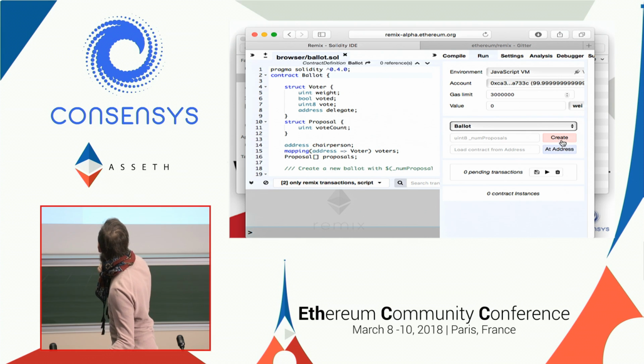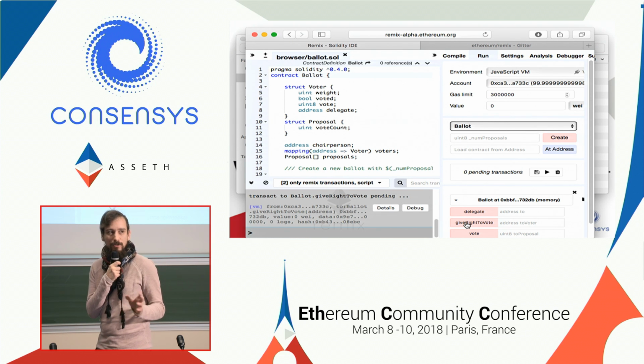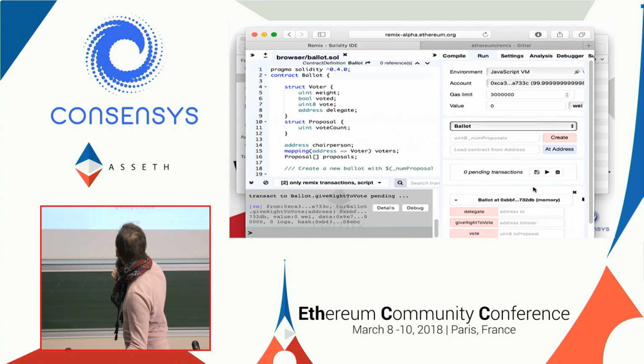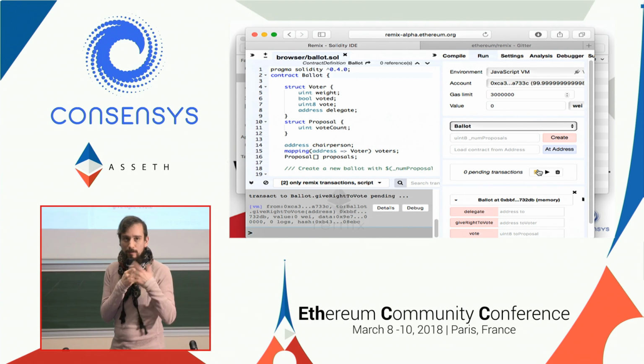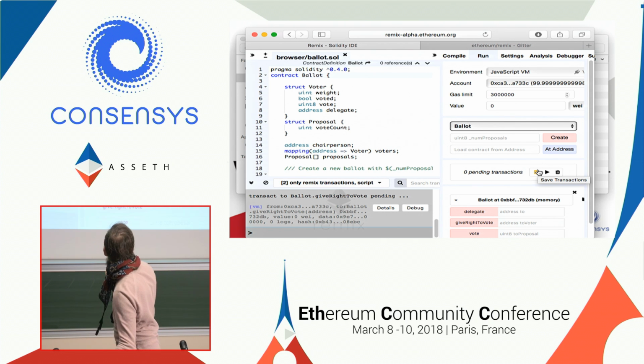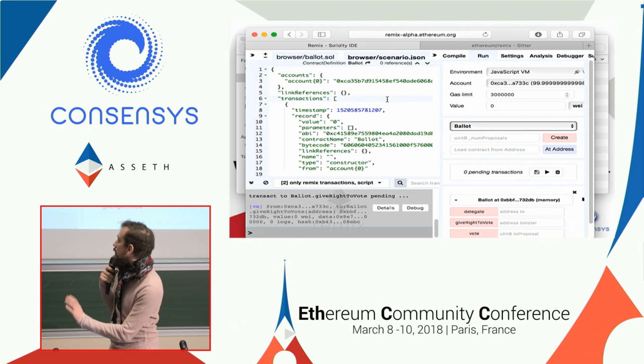And then you can just create an instance, and you use some methods, and basically you want maybe to bring your Solidity contract into a certain state. And when you have this, in the background Remix records all the steps that you do. So you can then just click save, and you can export all the transactions that happened into a JSON file. And it looks like this.